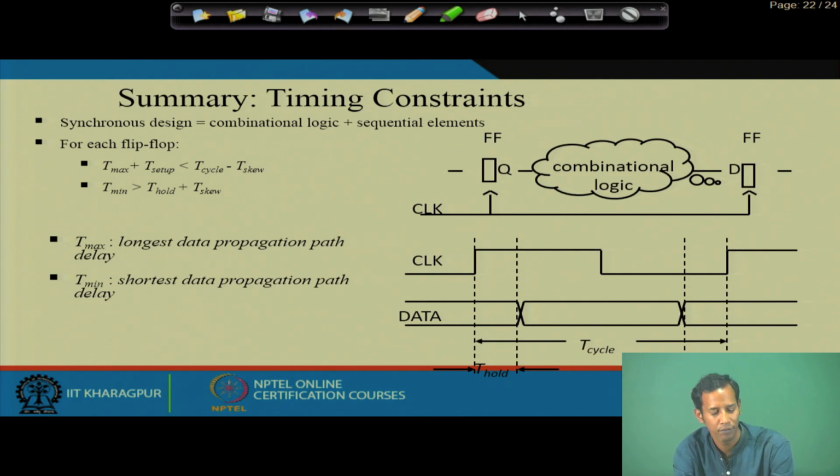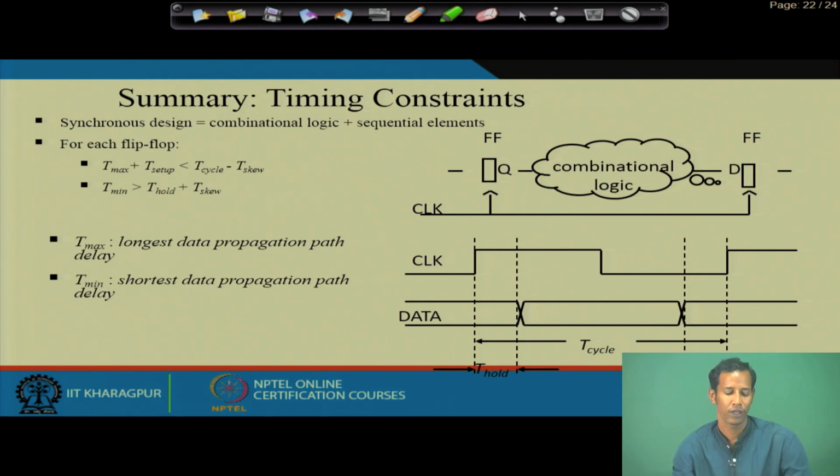For each flip flop, T max, which is the combinational delay, plus T setup should be less than T cycle minus T skew, and T min should be greater than the hold time plus the skew time.